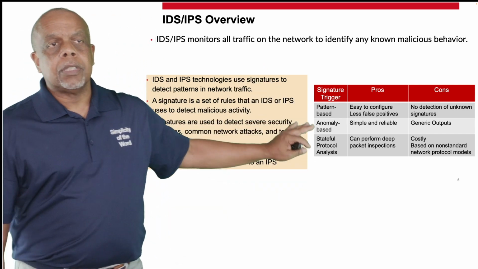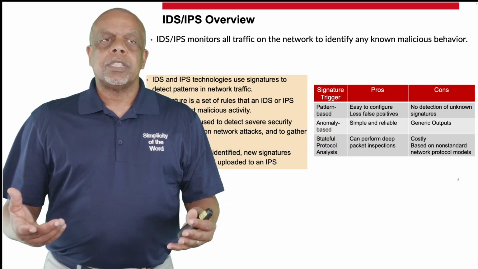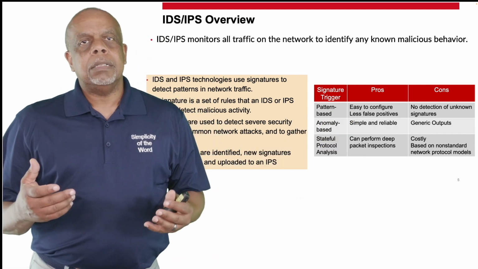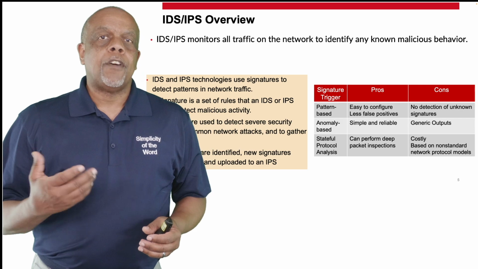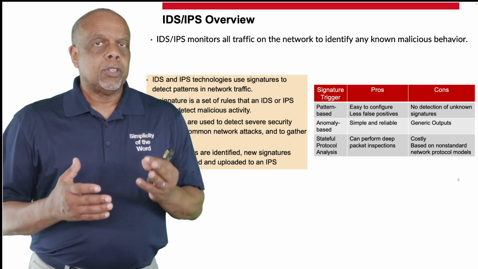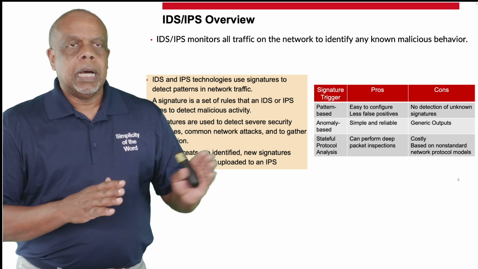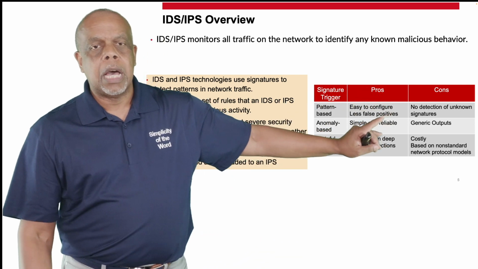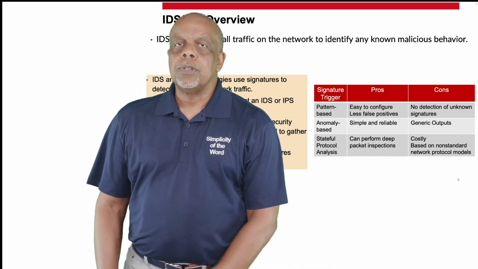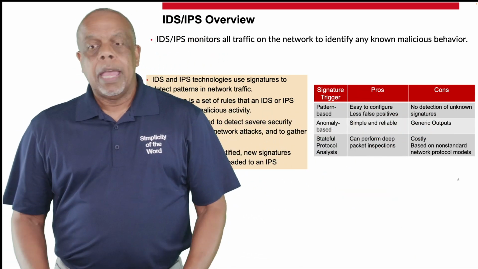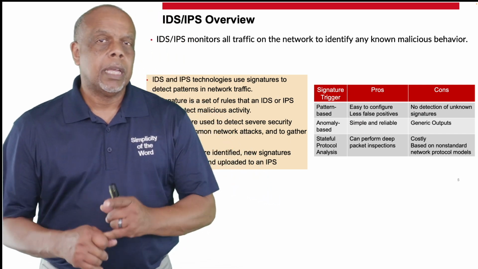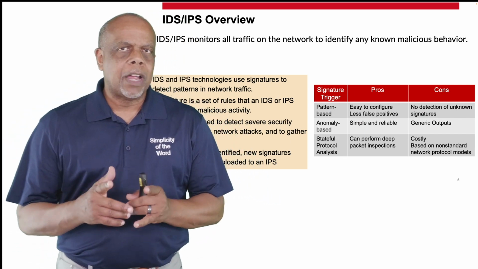With pattern matching, they're easy to configure. You don't get quite as many false positives because, here again, you're matching against a known pattern. Now, here's the big con. They do not detect unknown signatures. And that is a huge con for many things, even your antivirus.